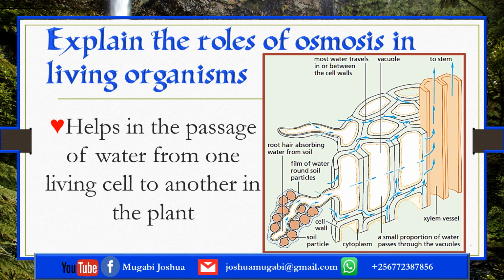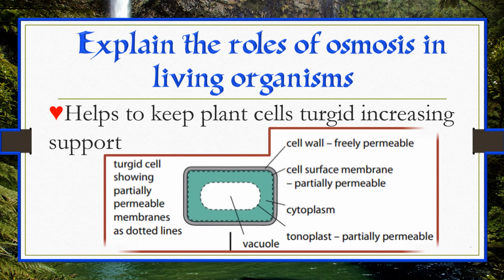Another role of osmosis in living organisms is that it helps to keep the plant cell turgid, therefore increasing support.